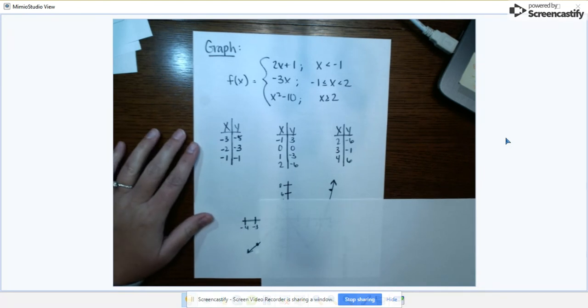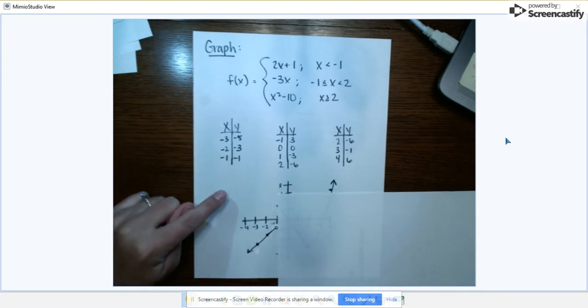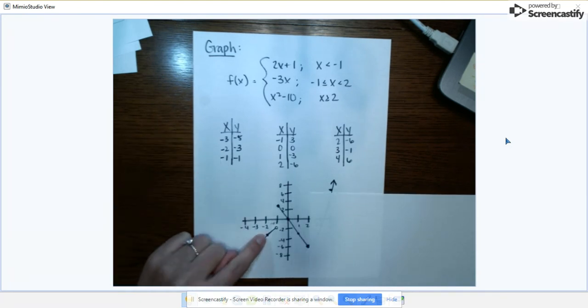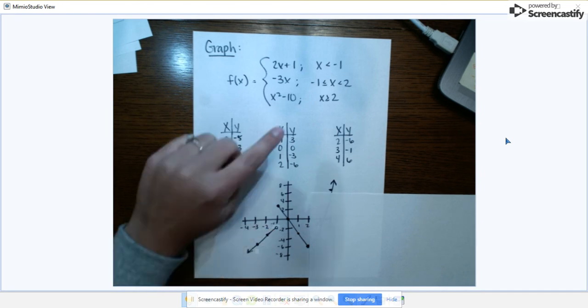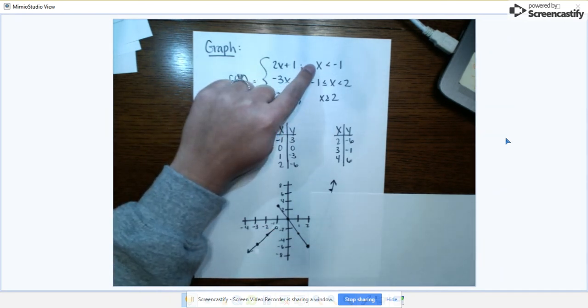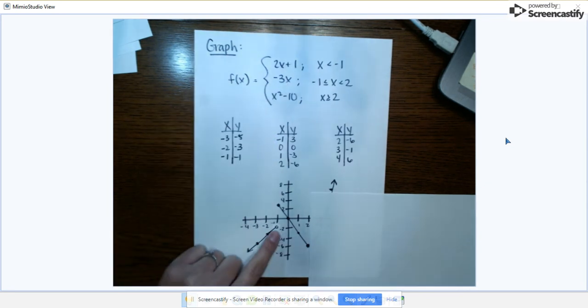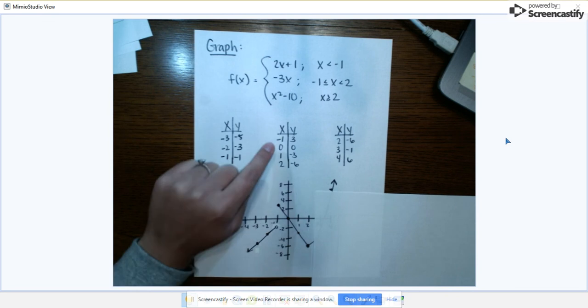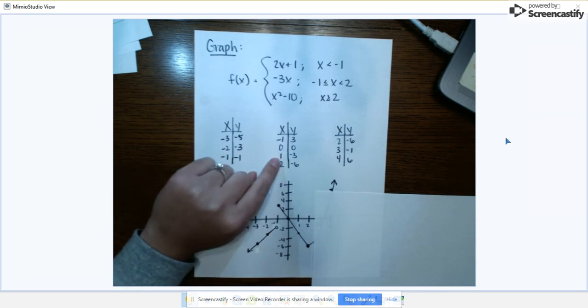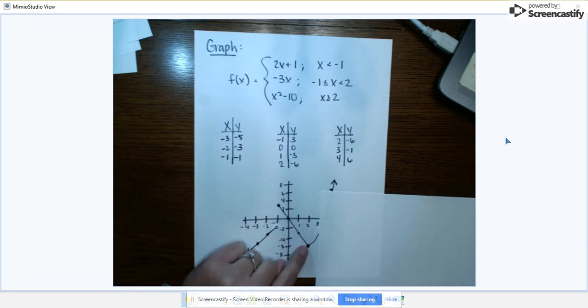So starting with this piece, I plotted negative 3, negative 5, negative 2, negative 3, and then I put an open circle on negative 1 because it was strictly less than, meaning it cannot equal negative 1. Then I plotted my middle piece, which goes from negative 1 to positive 2.